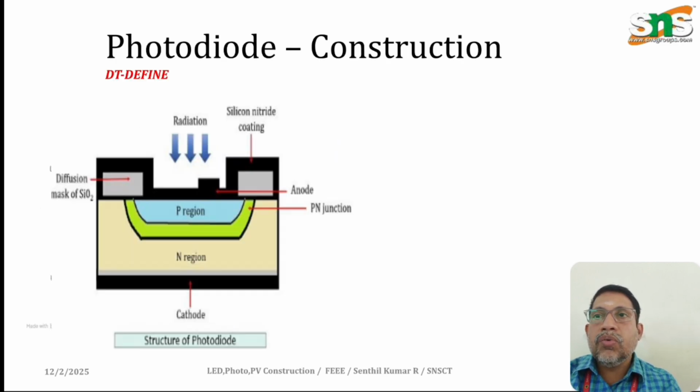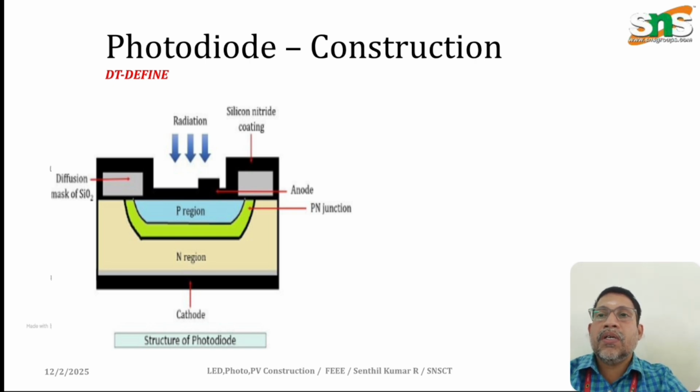Now going to the photodiode construction, again the bottommost layer is called the substrate, and the cathode terminal is taken from the substrate. The N layer is diffused in the substrate, whereas the P type layer, in blue color, is diffused over the N type layer. When the P and N type layers are diffused, a depletion region is formed, which is represented in green color, the PN junction depletion layer.